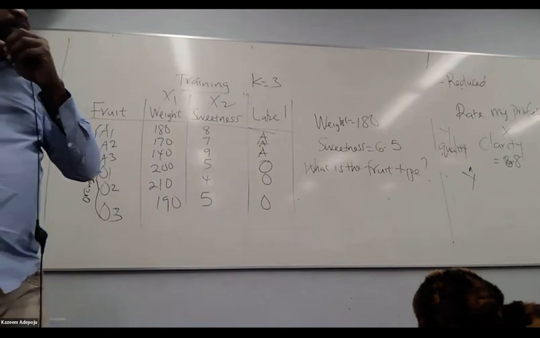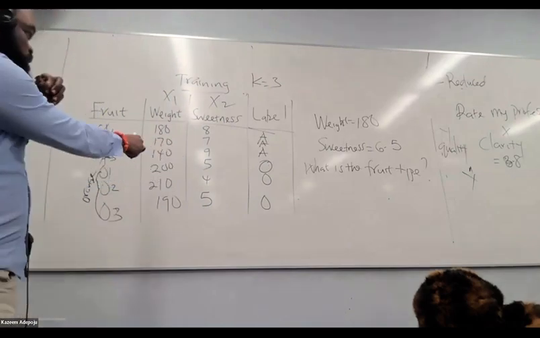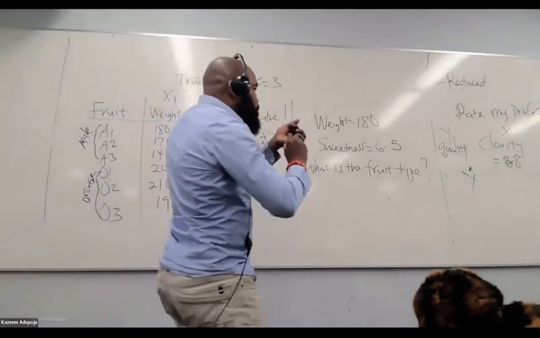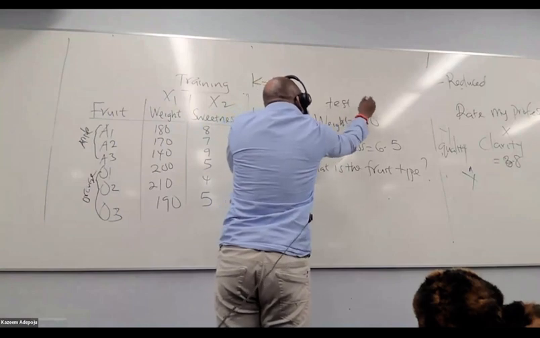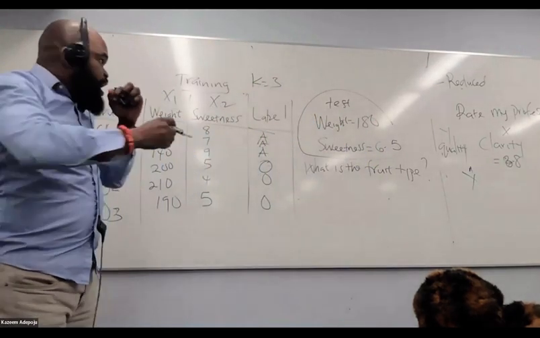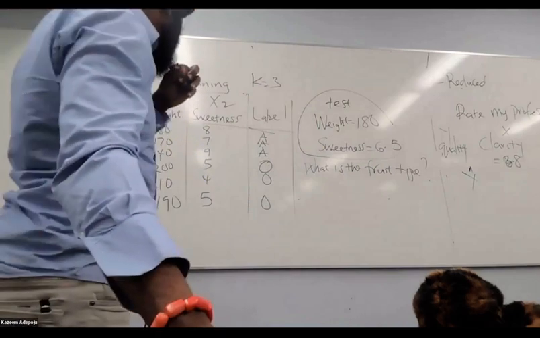After that, you need to find the Euclidean distance between the test and the training data. This one here is the test data, and I have to compute the distance to the training points.